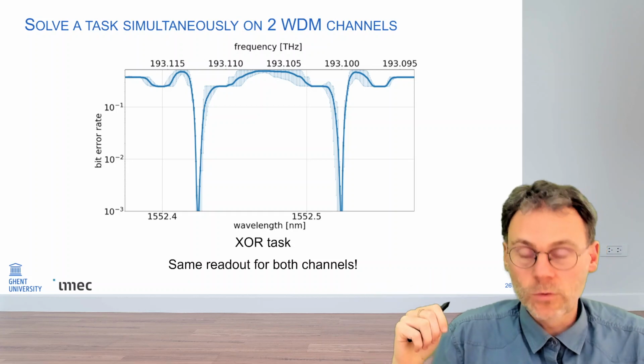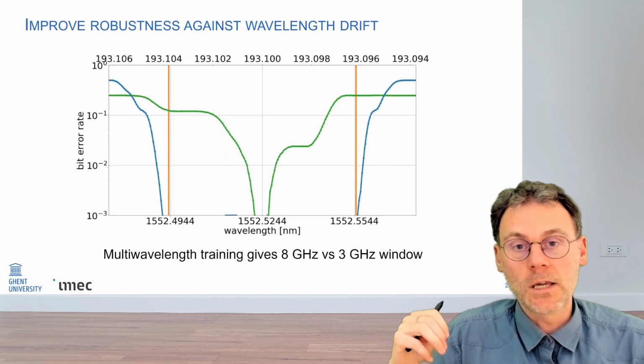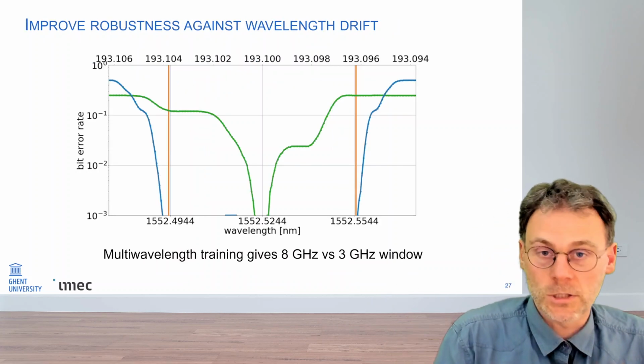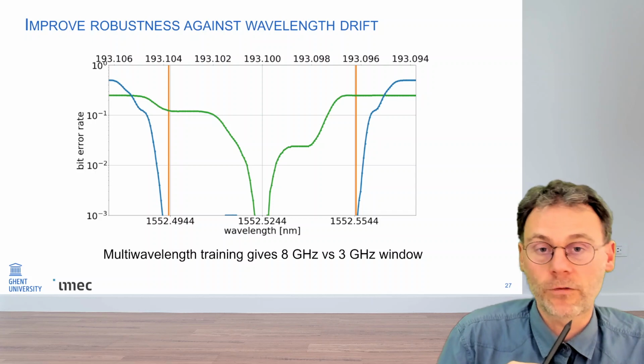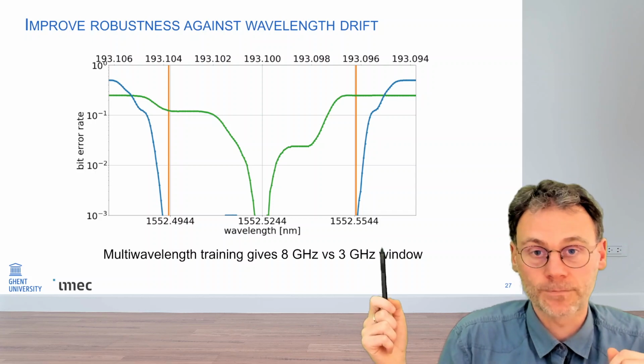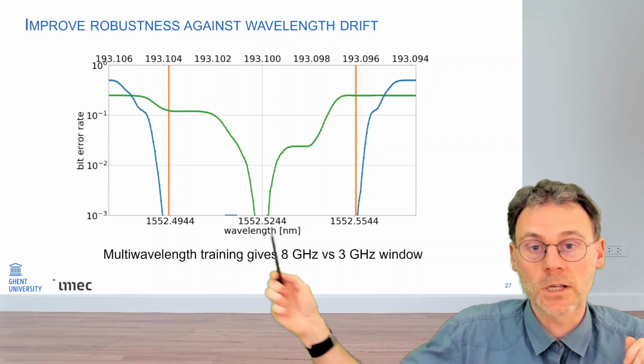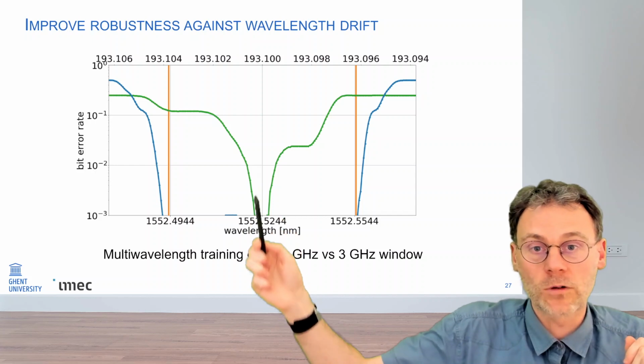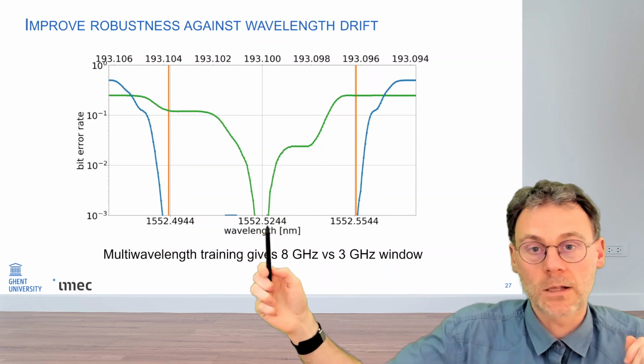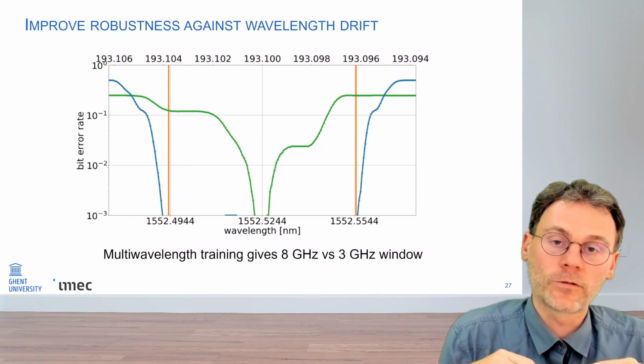So you could have a weighting in the optical domain on chip and have it operate in parallel on all of these WDM channels. This basically boosts the throughput of your system considerably. By playing around with these different training schemes, you can also make your system more robust against, for example, wavelength drift of your source laser. If you just train your system to operate at a single wavelength over here, then you basically get a 3 gigahertz window in terms of wavelength drift of your laser.